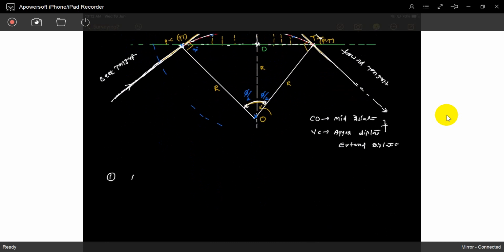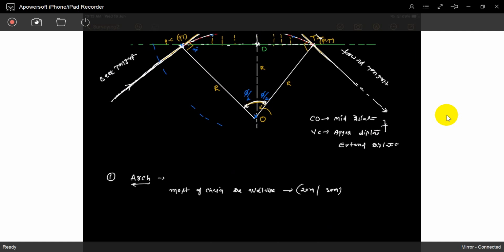What is an arc? An arc length. Most of the chains available are 20 meter or 30 meter chains.